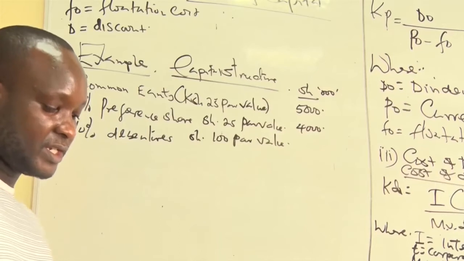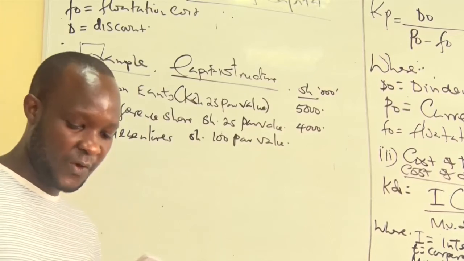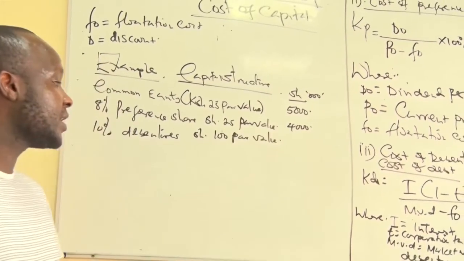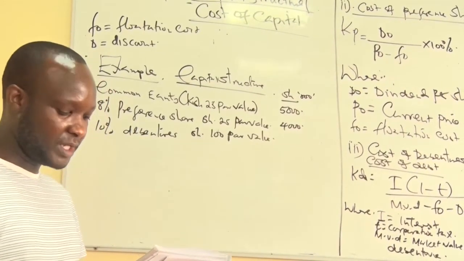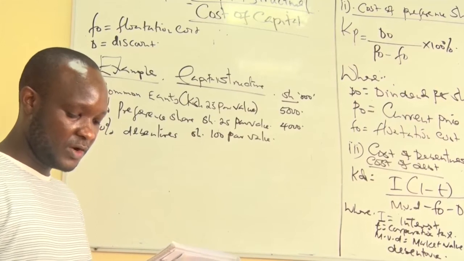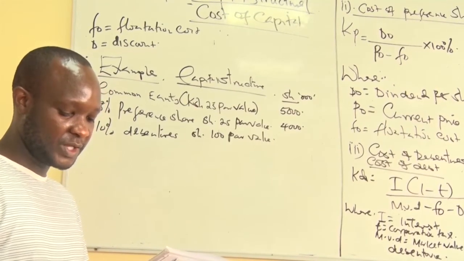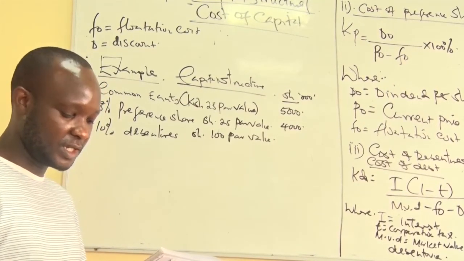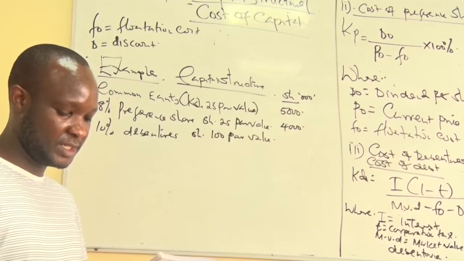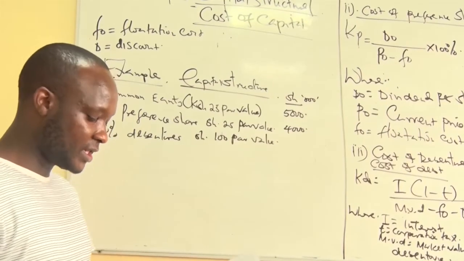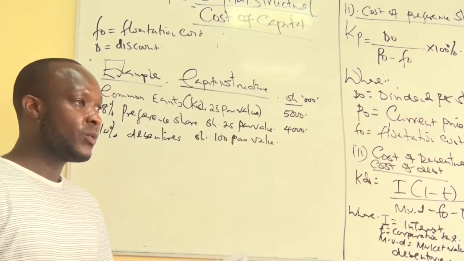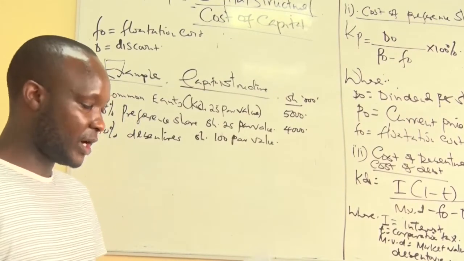The issue of preference shares attracts a discount of 5, and the debentures attract a discount of 10 each. Then we are also given the rate of taxation as 30%. You are required to calculate the company's weighted average cost of capital.